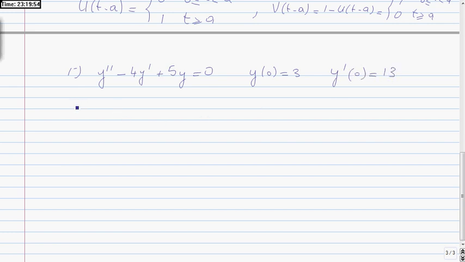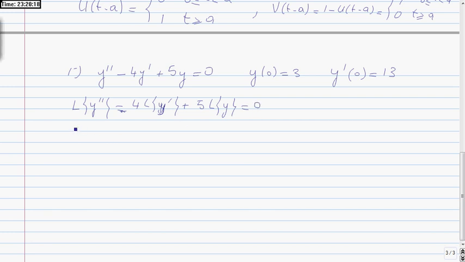Now, the first step is to just apply the Laplace transform using the linearity. We obtain Laplace of y second minus 4 Laplace of y prime plus 5 Laplace of y, which has to be 0.